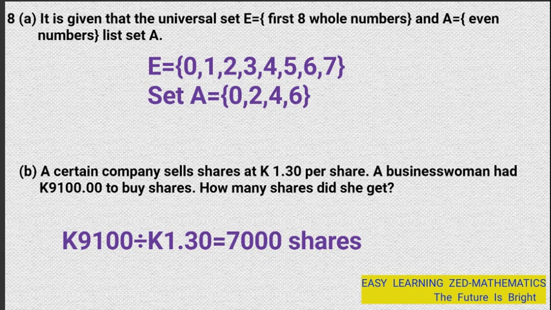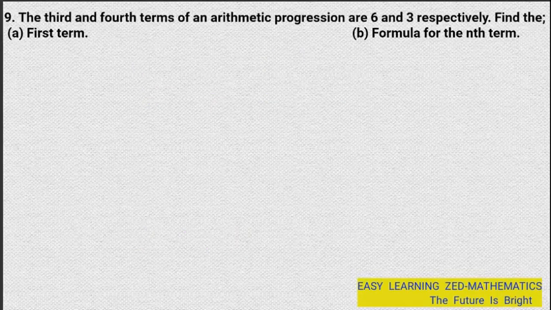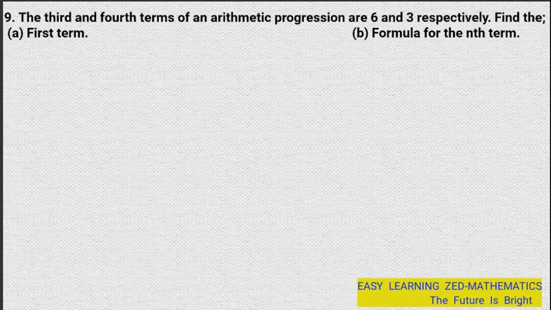Let's go to question number 9. Question 9 reads: the third and fourth terms of an arithmetic progression are 6 and 3 respectively. Find A, the first term, and B, the formula for the nth term.